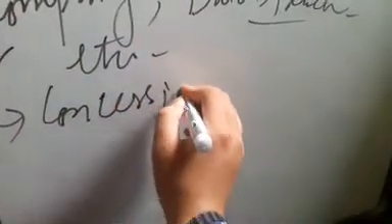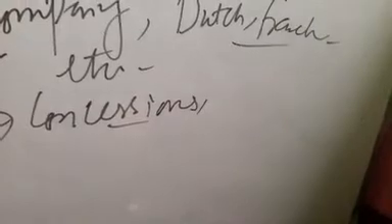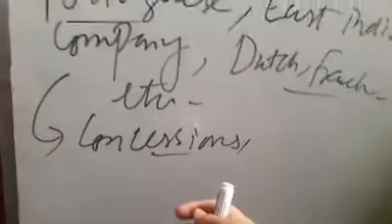These European companies started demanding concessions, and they got concessions earlier in the form of dastaks. Dastaks were permits to have duty-free trade, which they secured from the local ruler, and finally they demanded monopoly rights to trade, and they finally got these rights to trade.